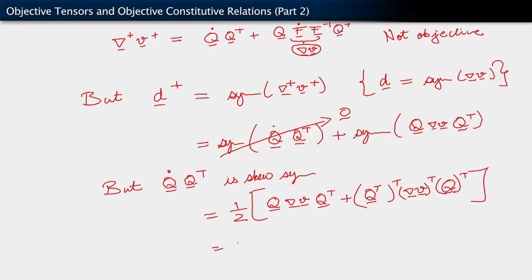So what we have here then is 1/2 Q spatial velocity gradient Q transpose plus Q transpose, the whole transpose, which is Q, spatial velocity gradient transpose, and Q transpose is, well, Q transpose. It's the final step. This is what we started with, 1/2.